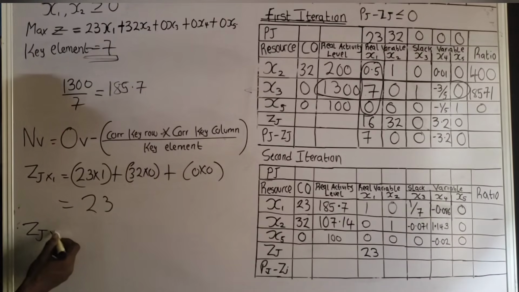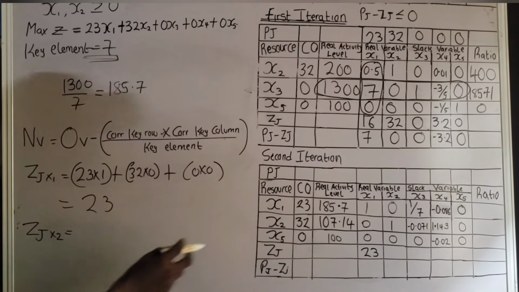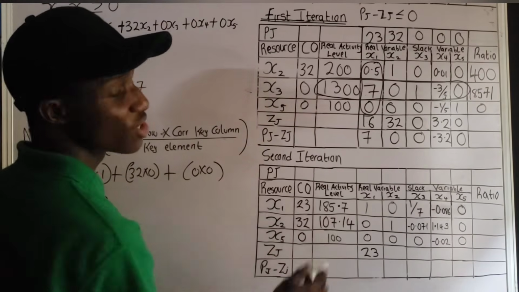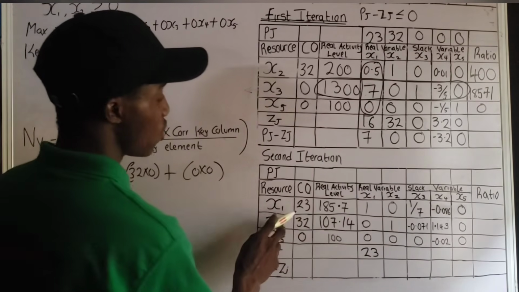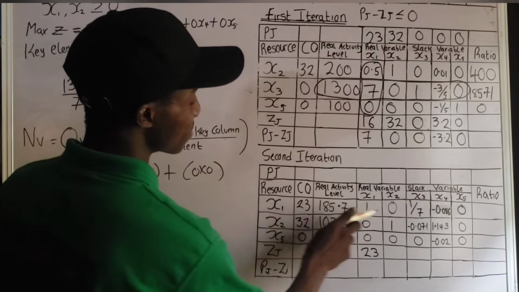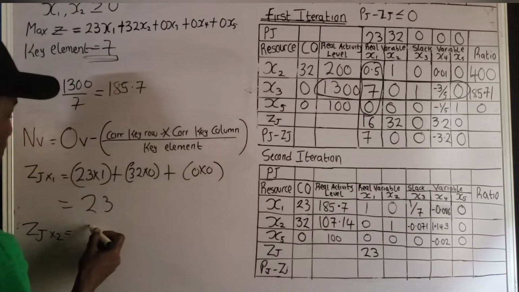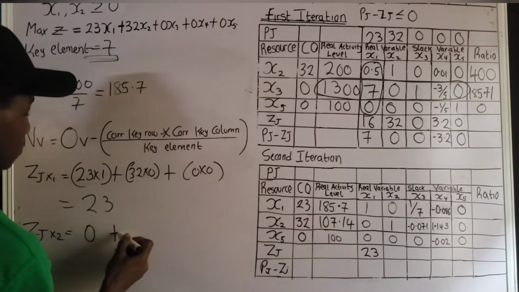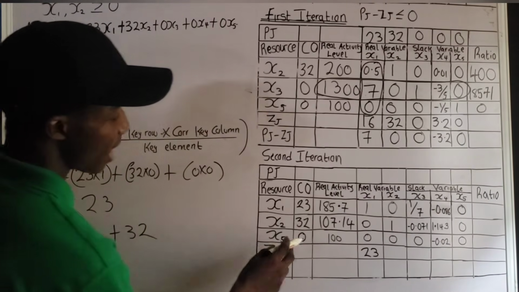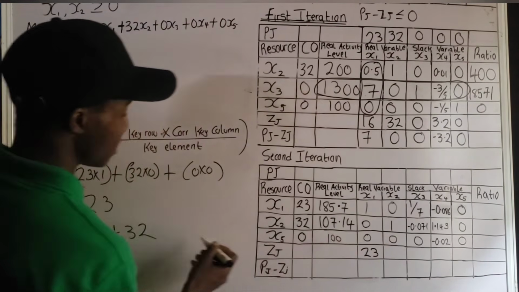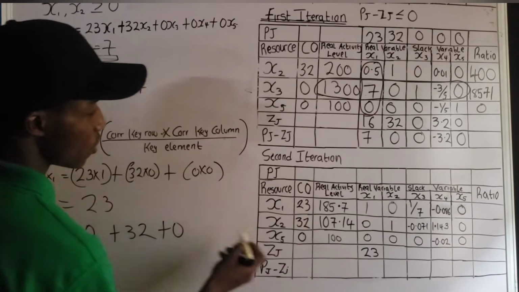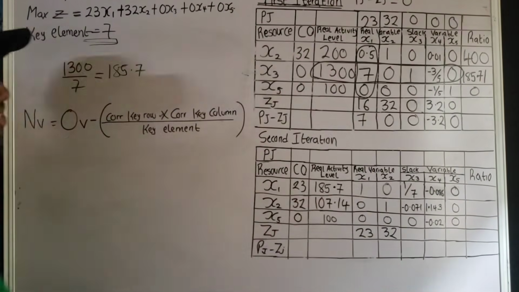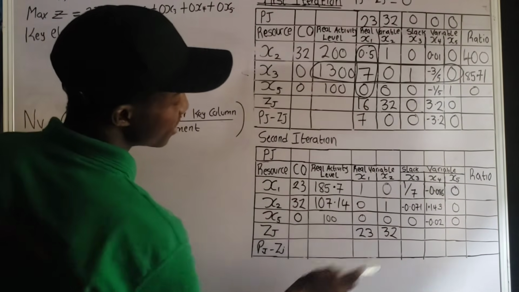Zj of x2 is equal to, we are still going to multiply the coefficient of the objective function with the corresponding variable of x2. So I'm going to have 23 multiplied by 0, that is 0. 32 multiplied by 1, that is 32. And 0 multiplied by 0, that is also what? 0. So the Zj of this is what? 32. Let's get the Zj of x3.